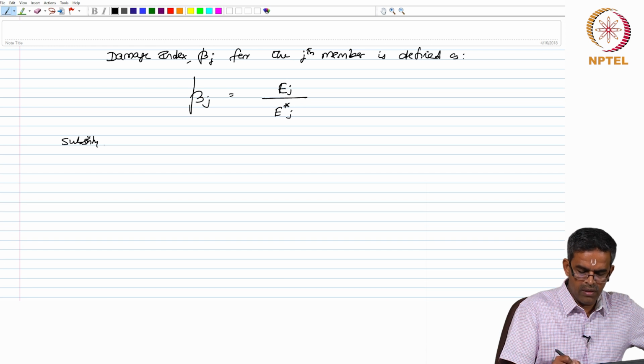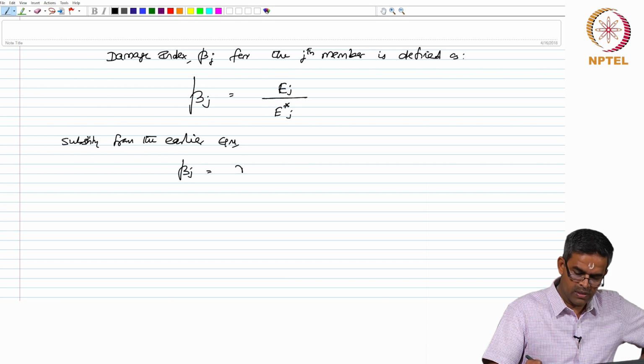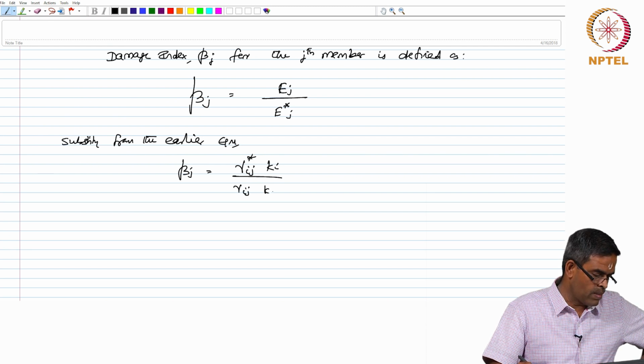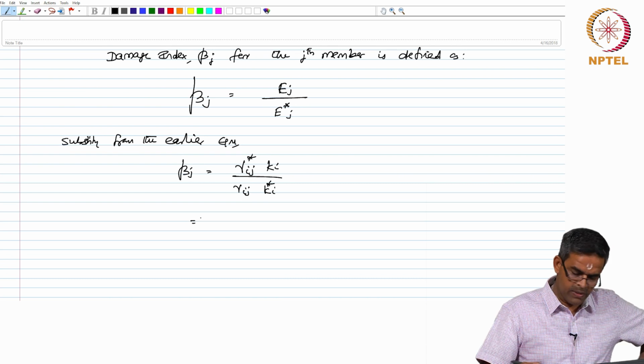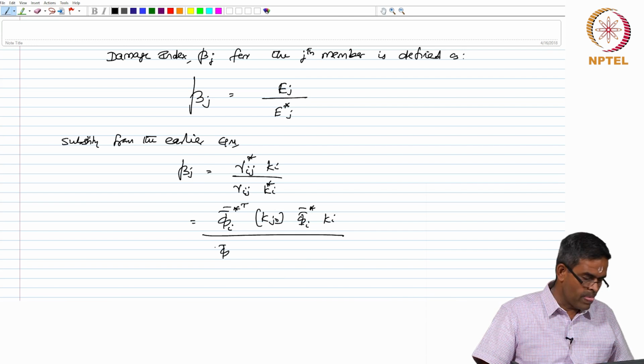Substituting from the earlier equations, beta_j can be expressed as k_ij star k_i by k_ij k_i star, which is phi bar_i star transpose k_j0 phi bar star k_i divided by phi bar_i transpose k_j phi bar_i k_i star.